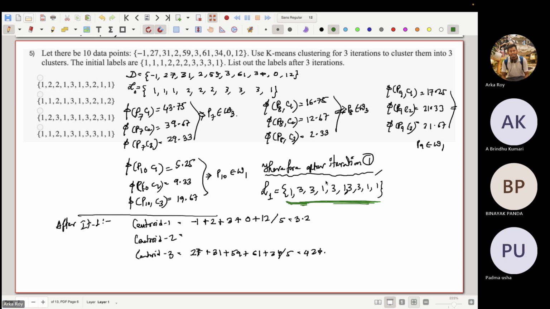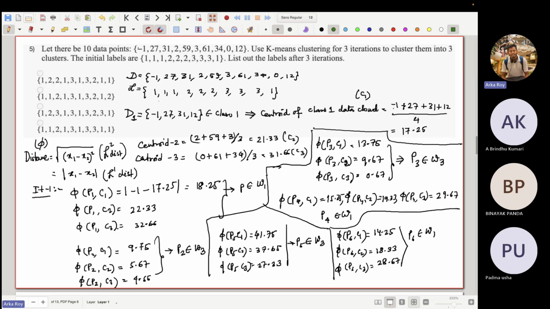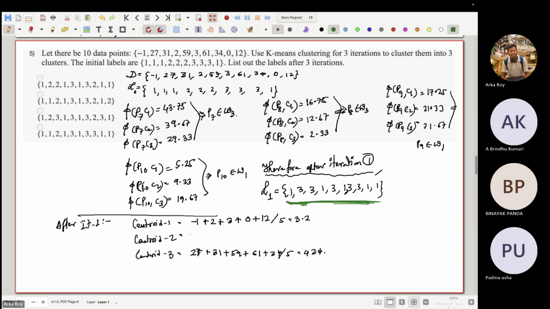The rule of thumb is that for the particular class which has got no data point after iteration 1, you have to consider the previous centroid value. So before starting iteration 1, what was the centroid value over there? The centroid value was 21.33. So in this case, the value should be 21.33.